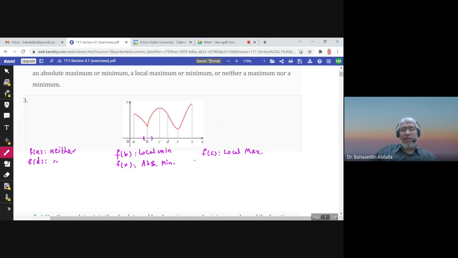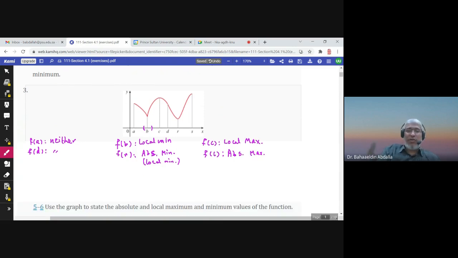F of s, so absolute and also local minimum. But f of s is an absolute maximum only. It is not local because it is an end point.